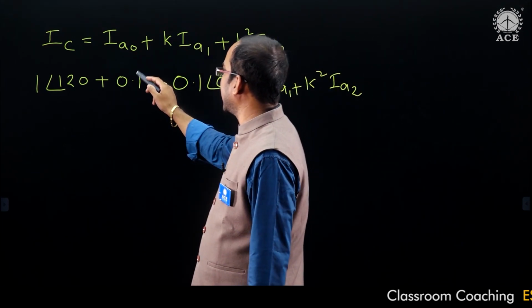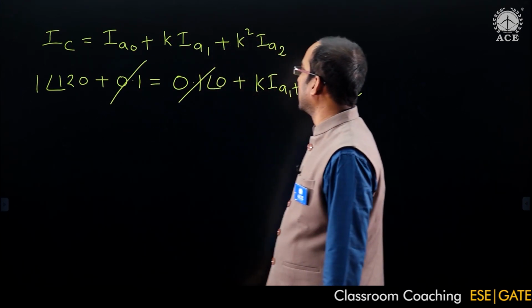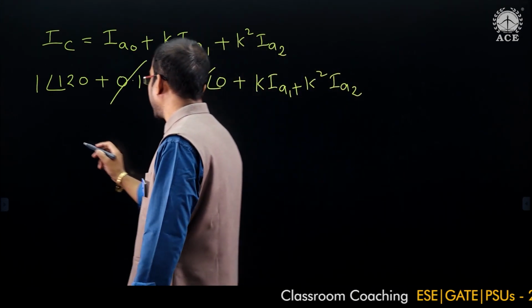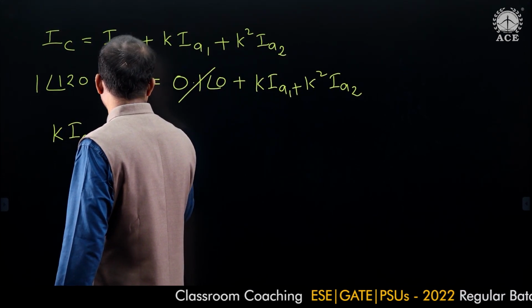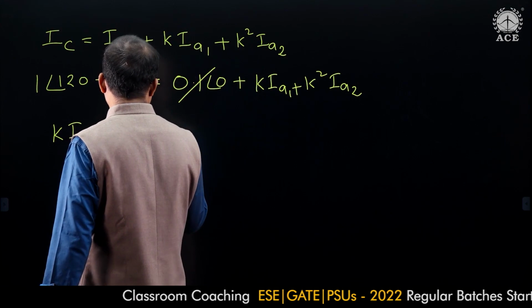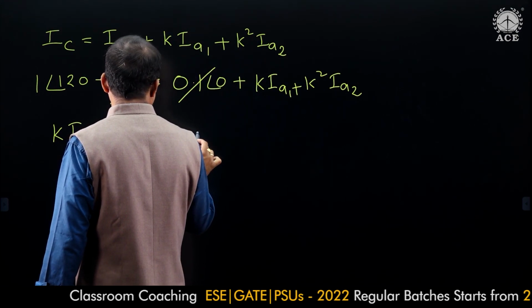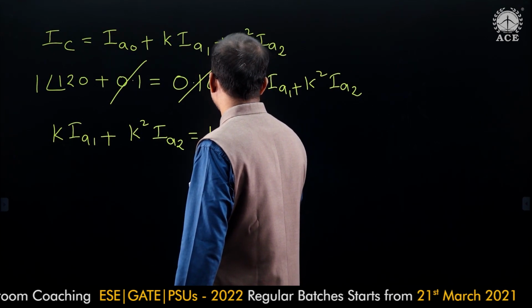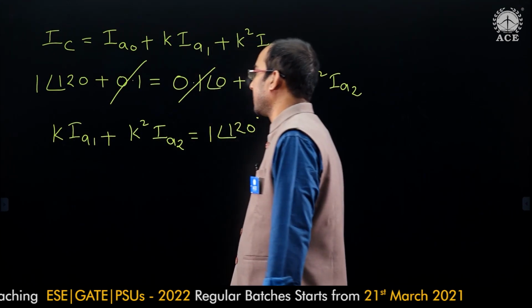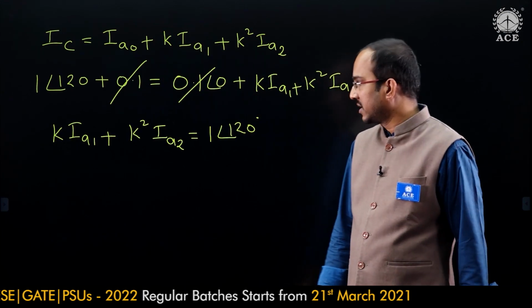So this 0.1 gets cancelled out. So we get K times IA1 plus K square times IA2 as 1 at an angle of 120 degrees.